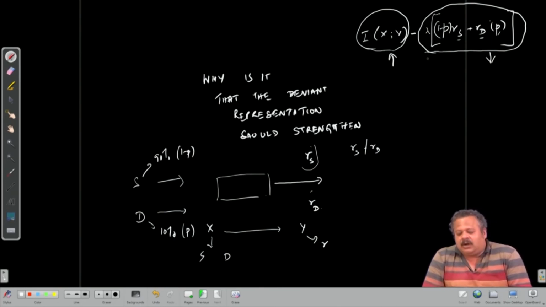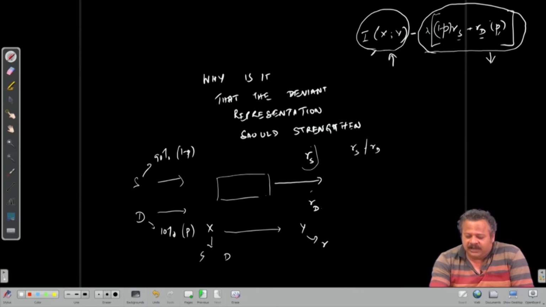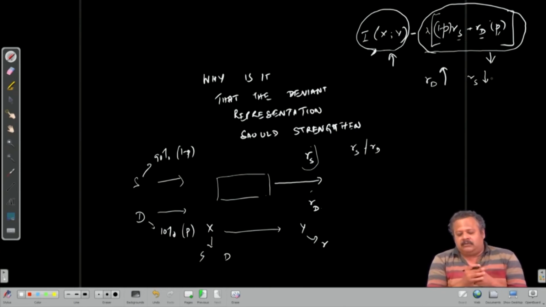This overall term needs to be maximized, and with algebra finally you can show that if we want to maximize the mutual information under certain constraints, we will find that Rd has to strengthen much faster than Rs. In fact, Rs has to keep on going down to a point where the mutual information is increasing, whereas the overall summed activity is reducing.